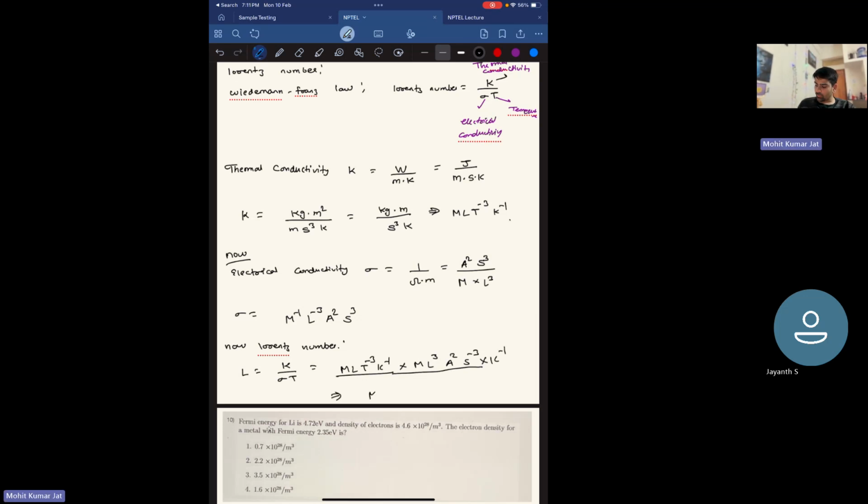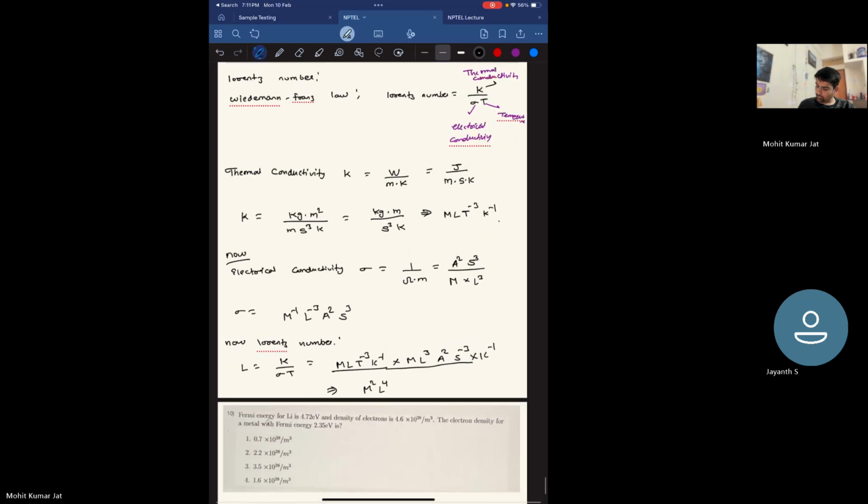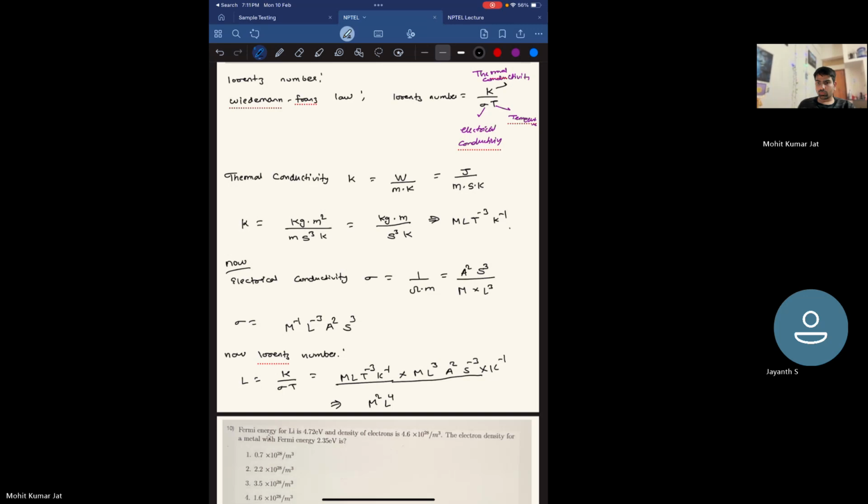This will give M square L to the power 4, and this is like nothing but square kg.